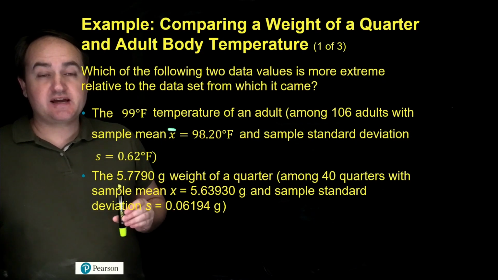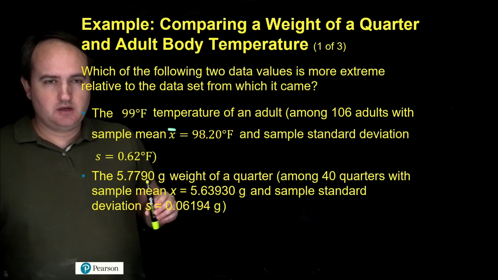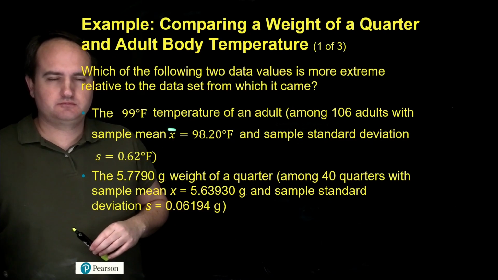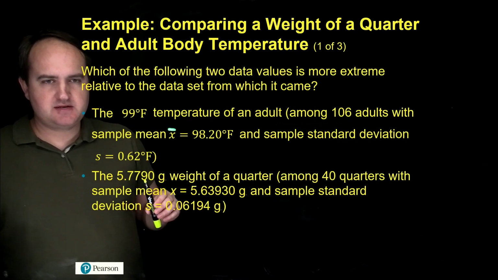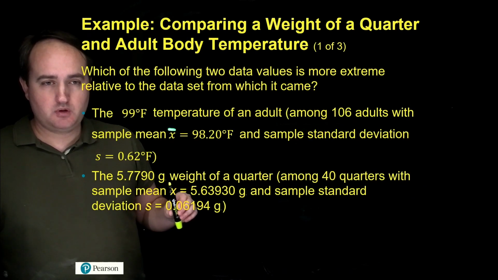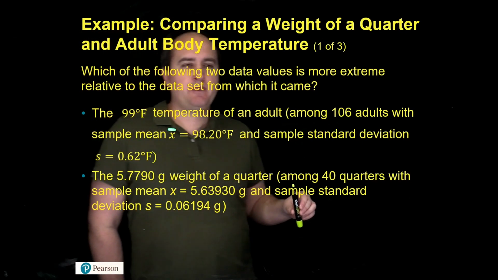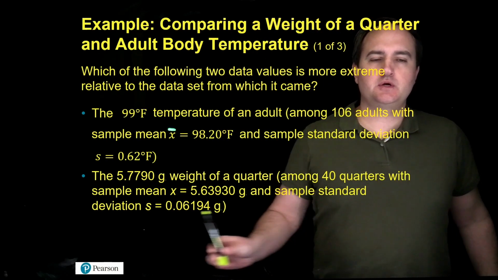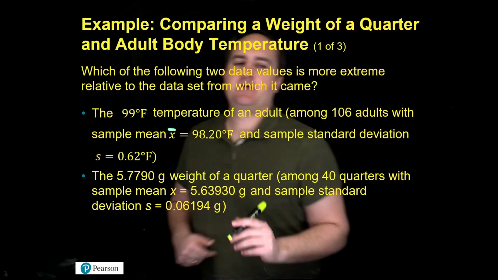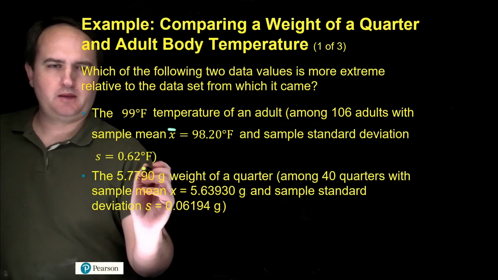Okay, the second data set is the weight of a quarter. So a 5.7790 gram weight of a quarter, that's among 40 quarters with sample mean, once again, x bar.